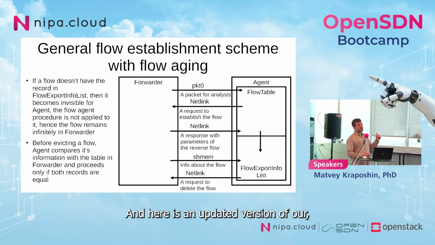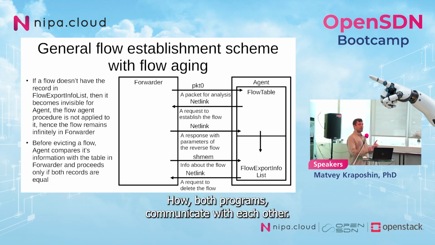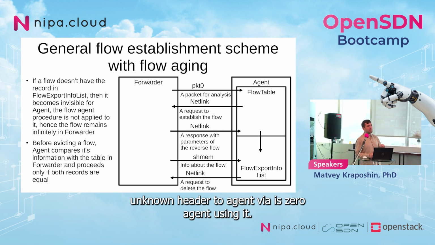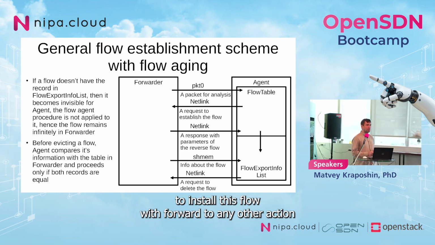And here is an updated version of our diagram of how both programs communicate with each other. So actually, the forwarder sends an unknown header to the agent via PKT0. The agent, using its flow engine, talks to the operative database, and when it creates a flow, it sends a request back to the forwarder to install this flow with drop or forward or any other action.